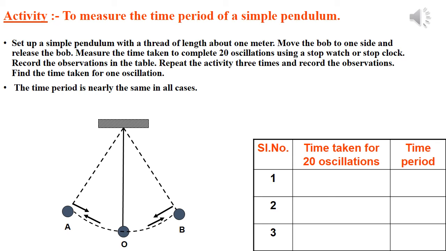So children, make a point that the time period of a pendulum does not depend on the mass of the bob or the displacement of the pendulum from its mean position, but it depends only on the length of the simple pendulum.